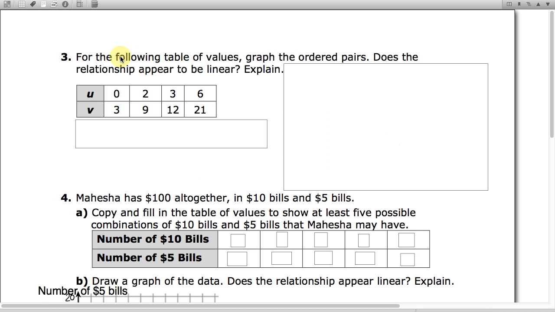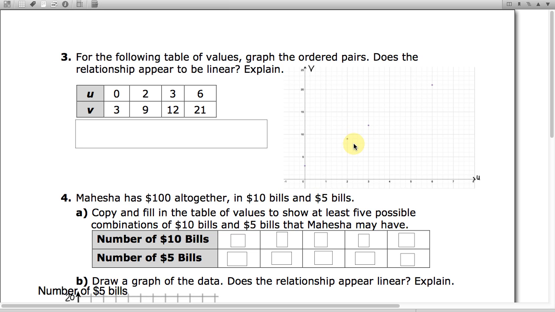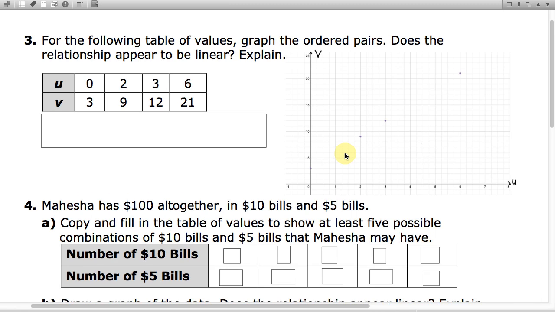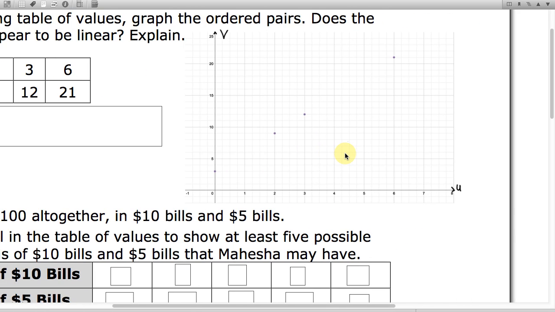So the next thing says, for the following table of values, we want to graph the ordered pairs and determine if the relationship is linear. So if you graph it, it's going to look something like this. Let me just zoom in on that so you can see it a little bit more easily.